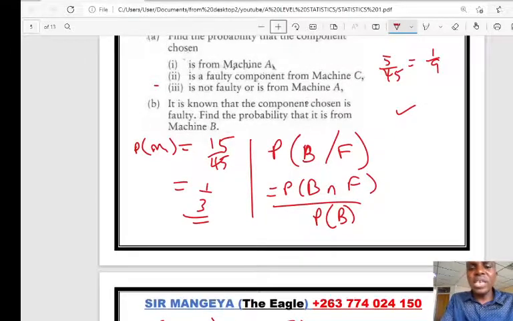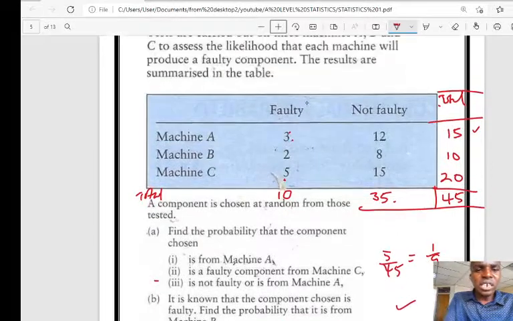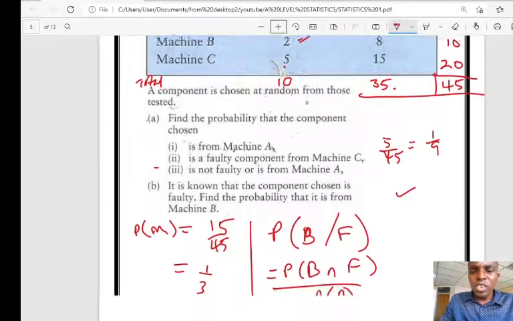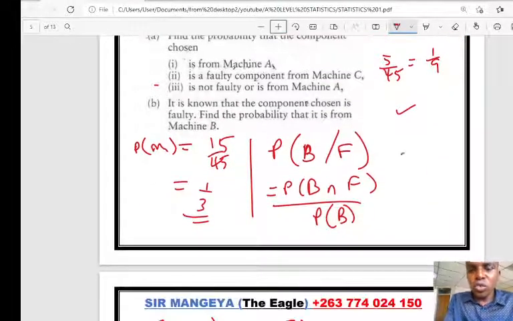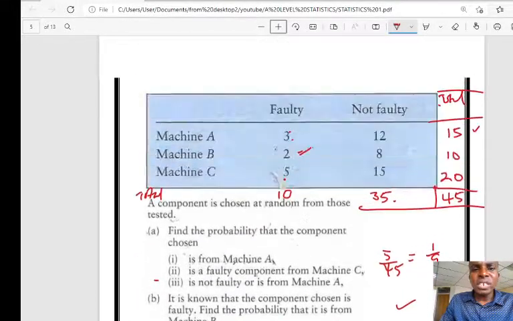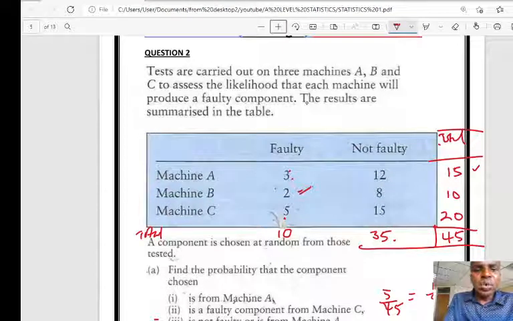Right, probability of B intersection F is from machine B and is faulty, which is 2. So it's 2 over total, which is 45. 2 over 45 divided by probability of machine B. How many units from machine B? 2 plus 8 is 10 over 45.